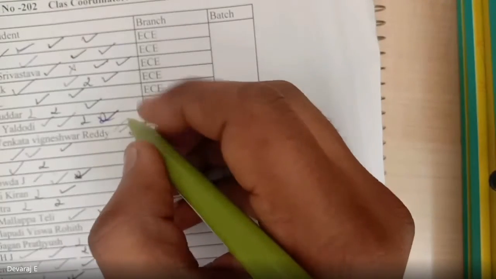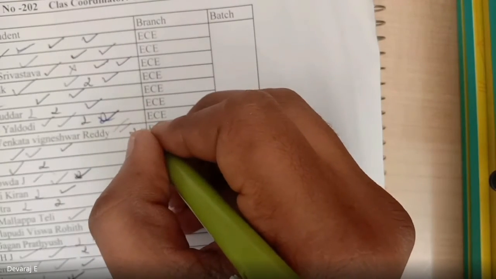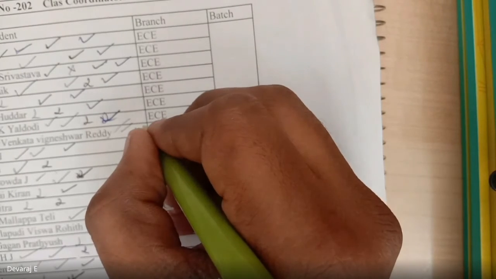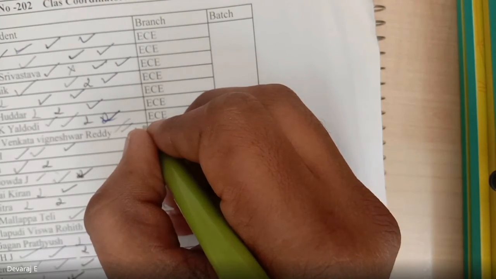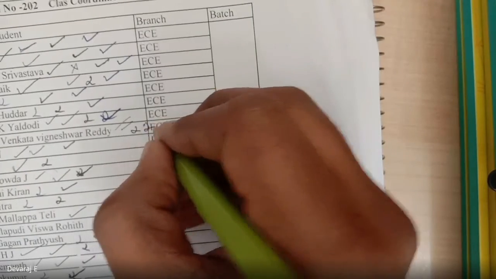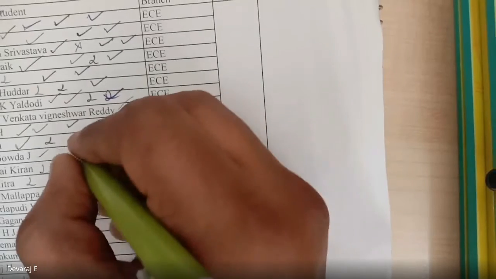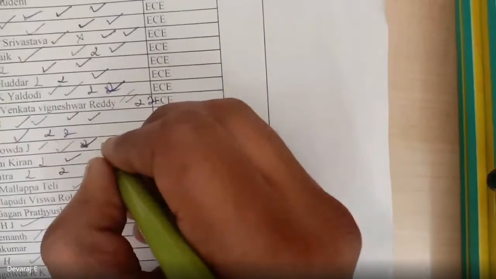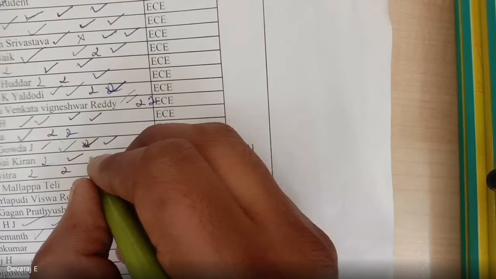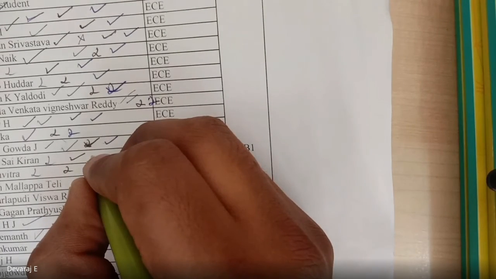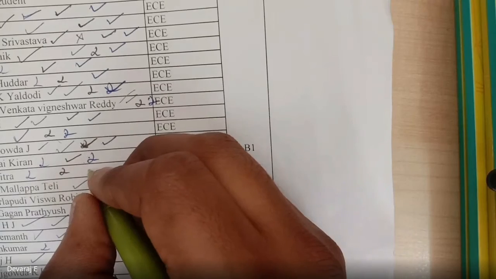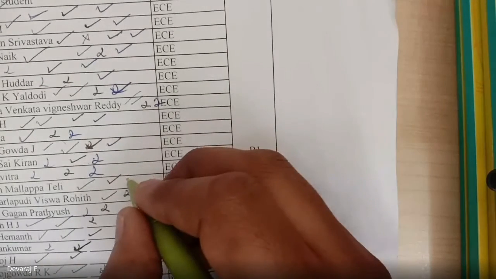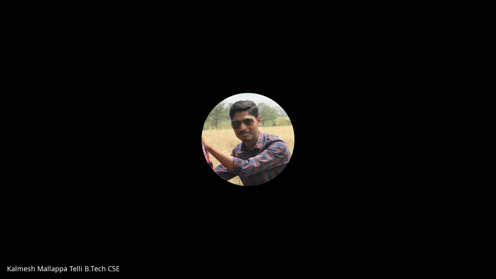Venkata Vigneshwar, Venkatesh is absent. Chinmay, yes, sir. Shrutika, Darshan Gowda, present, sir. D. Satya Sai Kiran, Golla Pavitra, Kalmesh, present, sir.